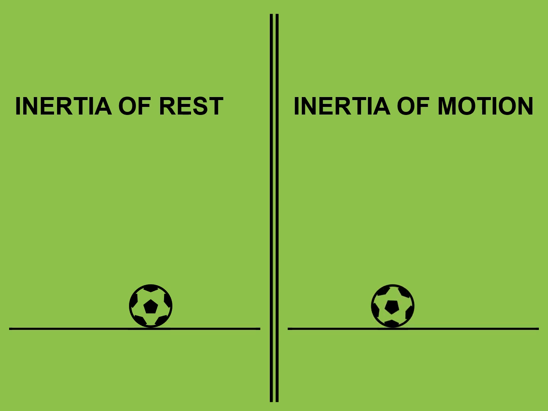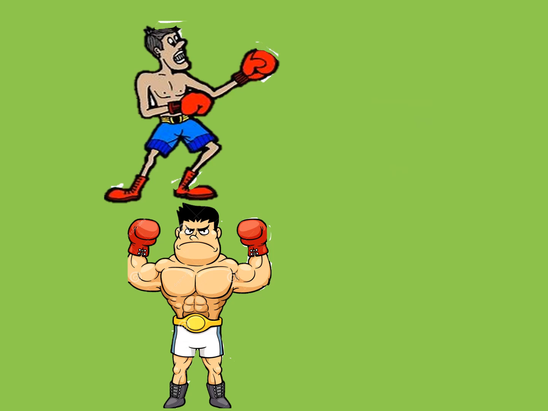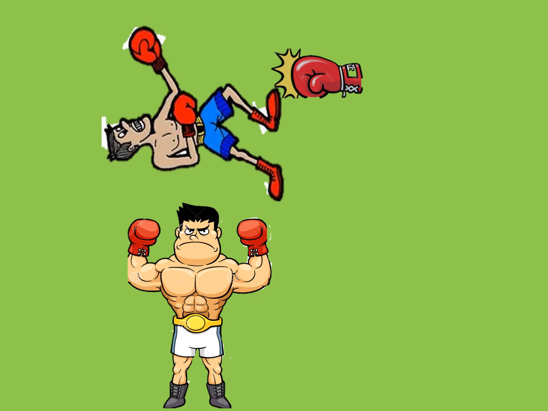In a boxing match, you are given the option to choose your opponent. Whom are you going to choose? Obviously, you want to choose the one who can be easily defeated. As this one has less mass, you would like to choose this one. You require less force to defeat the person with less mass, and the person having more mass requires more force.